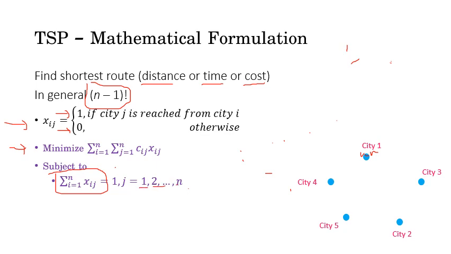I will explain how to expand this constraint. And then here's the second constraint: summation j equals 1 to n of xij equals 1 for all the i's. Okay, so let's understand what these constraints mean.